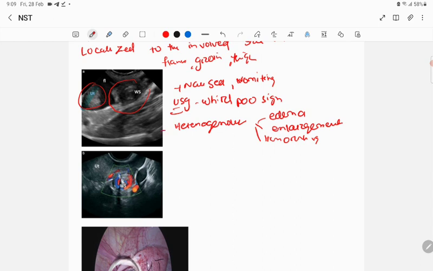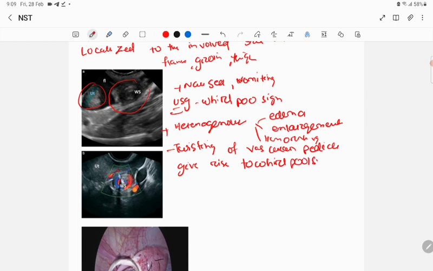Then you have to look for the twisted pedicle. The twisting of the vascular pedicle may give rise to the whirlpool sign. What is this whirlpool sign?